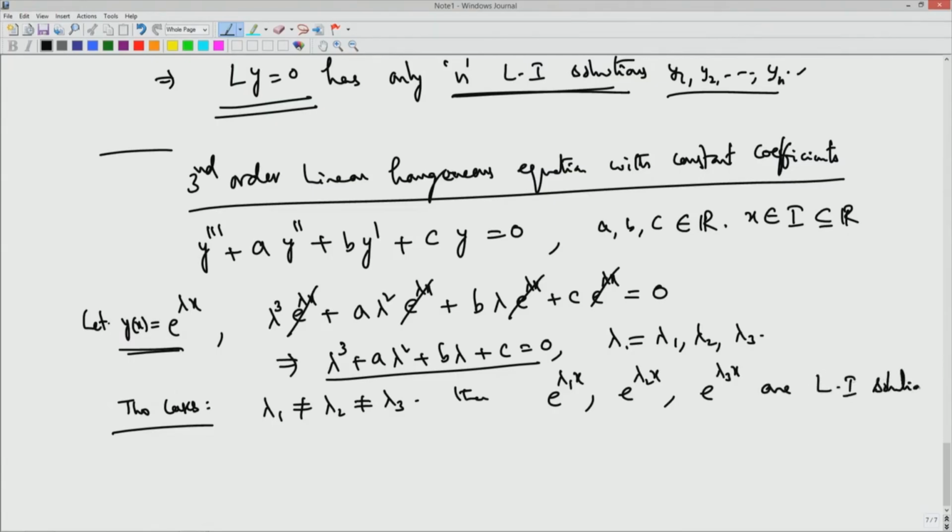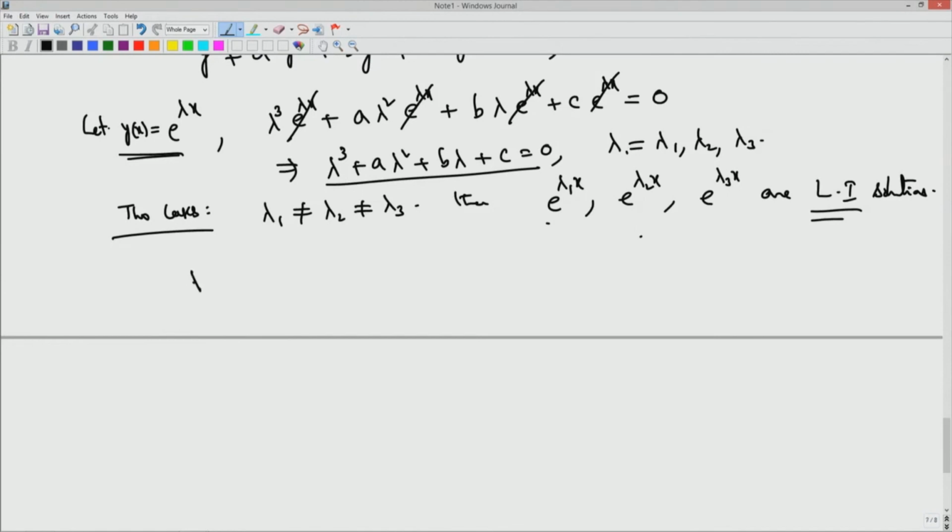Clear, right? Any two you pick are linearly independent because lambda 1, lambda 2, lambda 3 are distinct. So you cannot make any combination with non-zero coefficients which will be 0, except when the coefficients are 0. That means they are linearly independent.